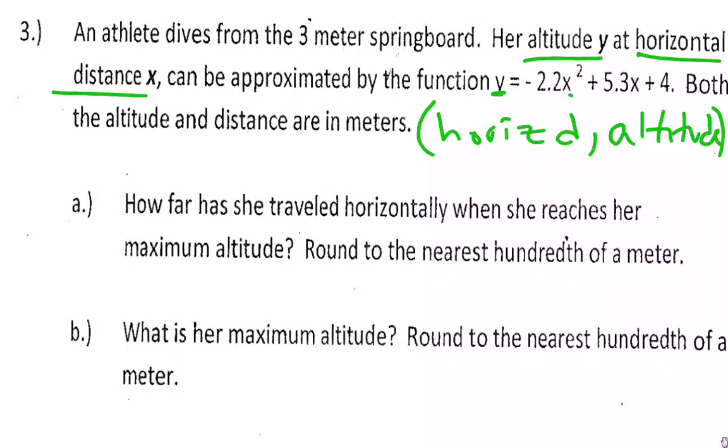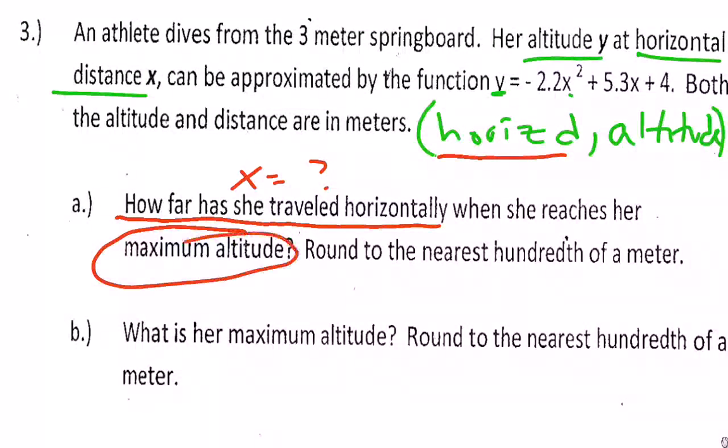Now let's read our part A. It says, how far has she traveled horizontally? What does horizontal have to do with x? So what is my x when she reaches her maximum altitude? And maximum is telling me I'm looking for my vertex.